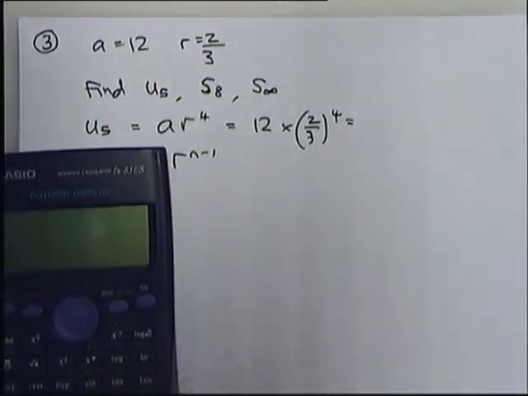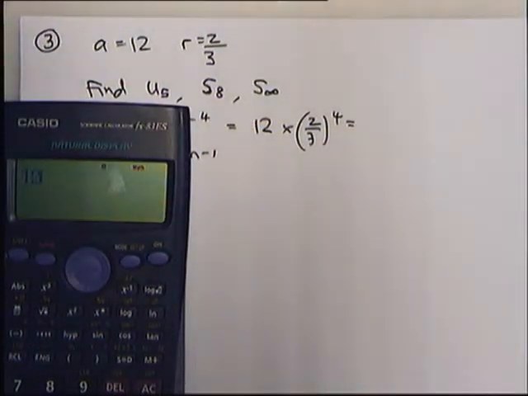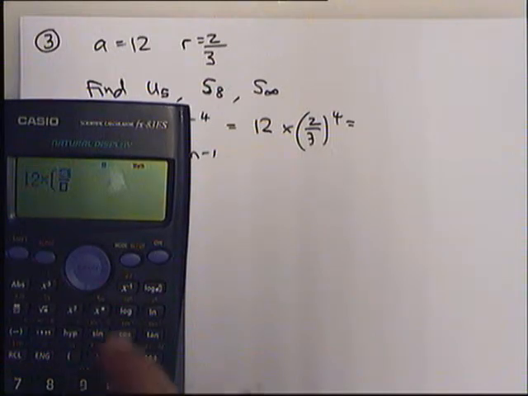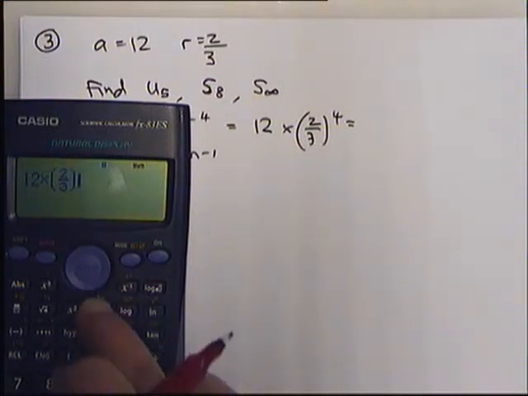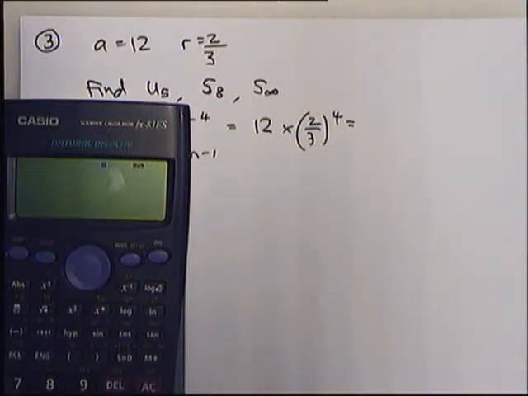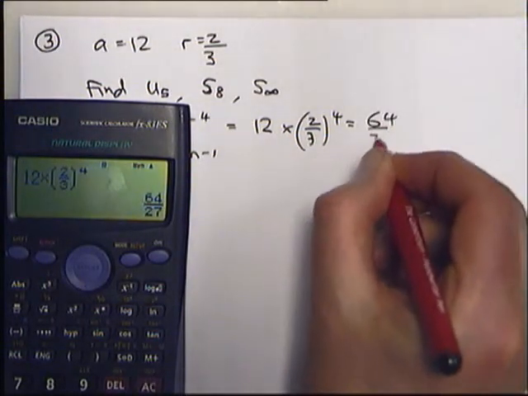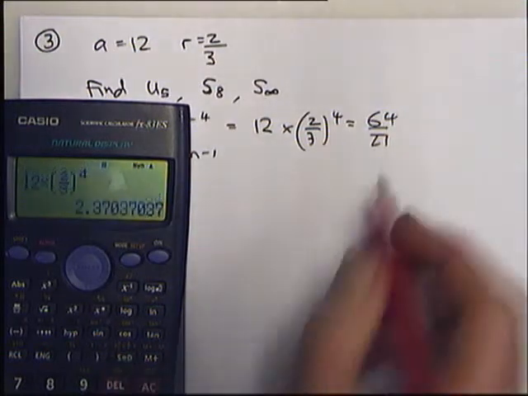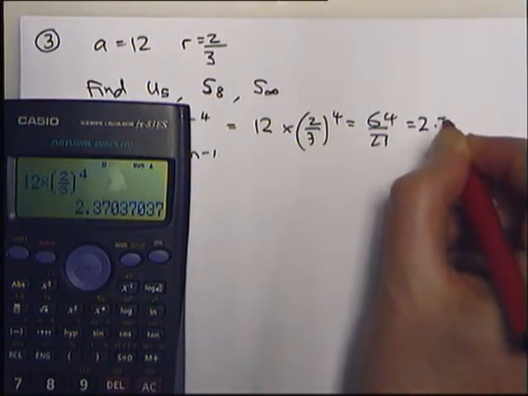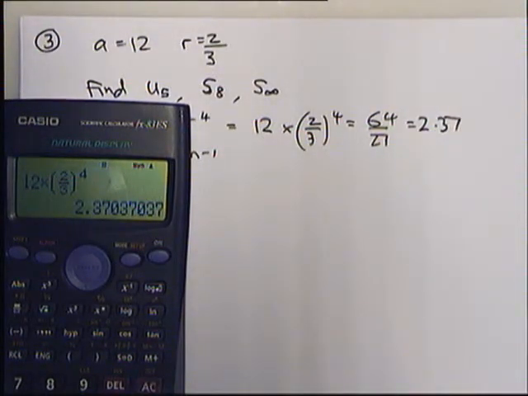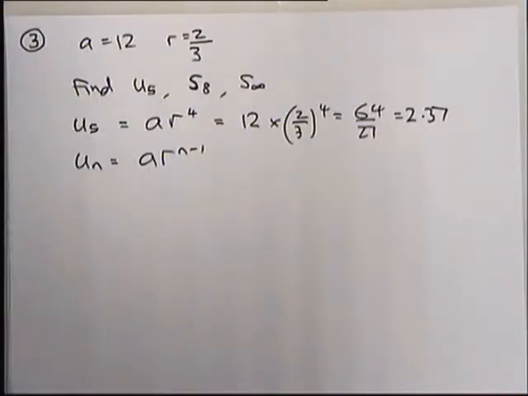If we get our calculator and have a go at that one, 12 times, put it in brackets to make sure the calculator does it in the correct way, 2/3 to the power of 4. The calculator gives me an answer of 64 over 27. And if I wanted it as a decimal, it's giving me 2.37, that's the answer to 3 significant figures.